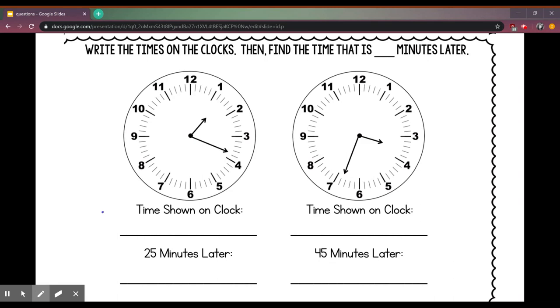To figure that out, we're going to start with our hour hand, which is the small one. This one is in between the 1 and the 2. Remember, the hour hand is always going to go to the lower number. So in this case, it's going to go to the 1.